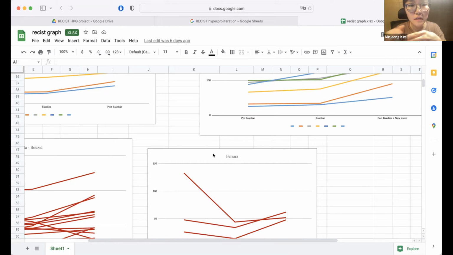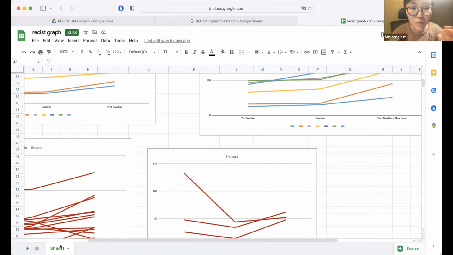And then second of all, the second point was doing RECIST by adding the new lesions into the total sum, correct? Right. May I ask what you were concerned about? I didn't quite understand the second question.